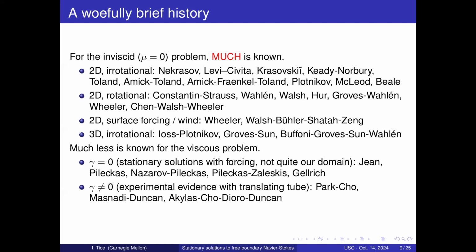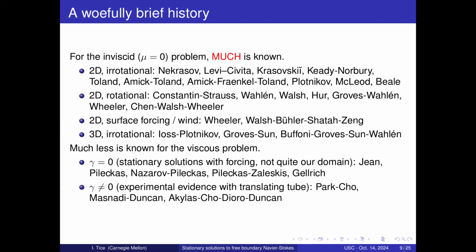We don't quite have the technology, but the point is that we would very much like to do this and think that it is potentially doable, meaning we will take the solutions that we've constructed with viscosity and try to take an inviscid limit. I didn't want to say much about this because it's a bit complicated, but the solutions that have been constructed in this framework are, let's say, an absolute zoo.